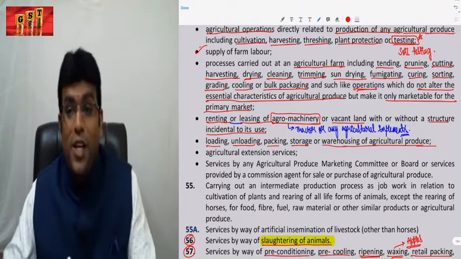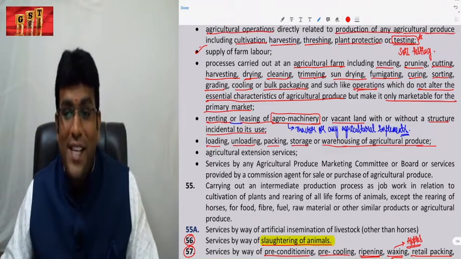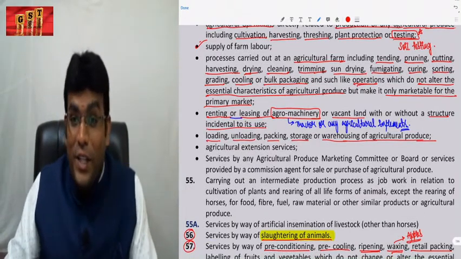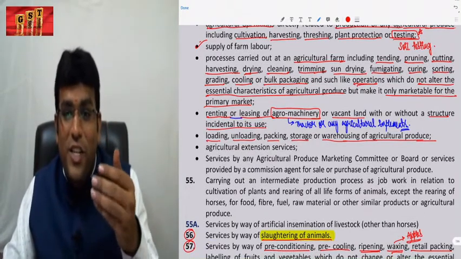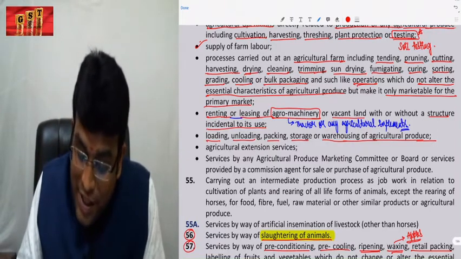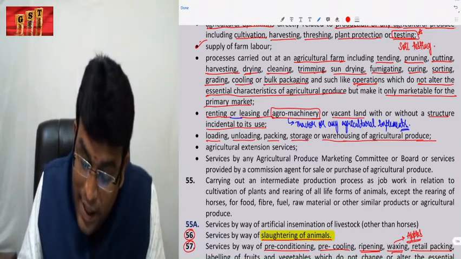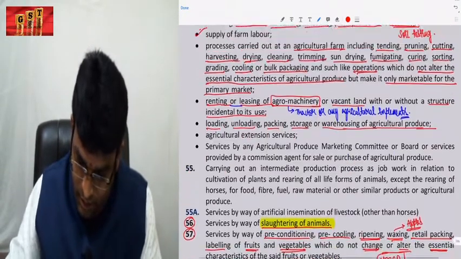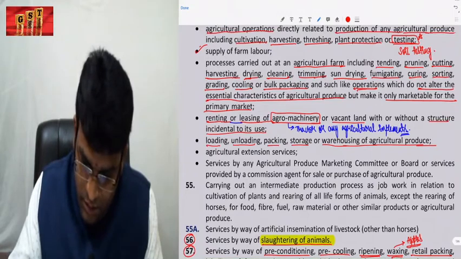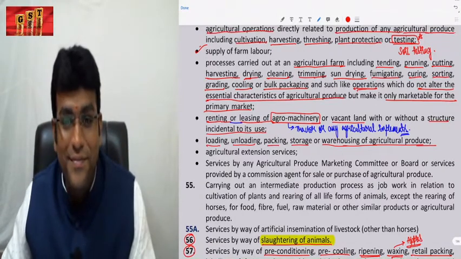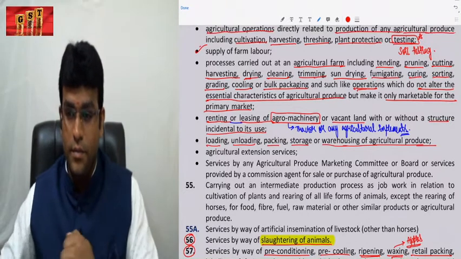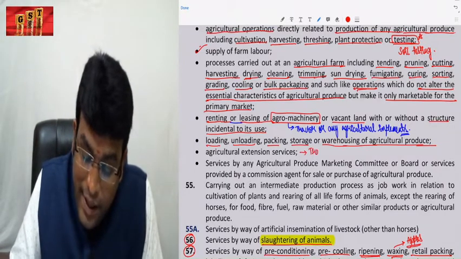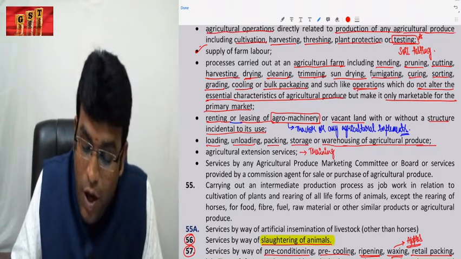Then agricultural extension services. Agricultural extension services basically cover training of farmers.